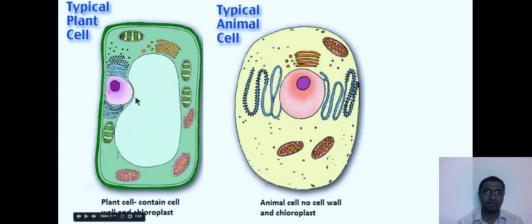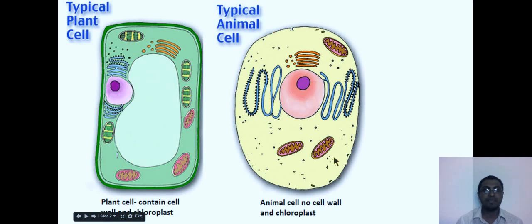They both have a nucleus, they both have mitochondria, they both have the cell membrane, they both have these dot structures which represents the ribosomes. However, again, as I mentioned, the animal cell do not have a cell wall, nor do they have chloroplasts.